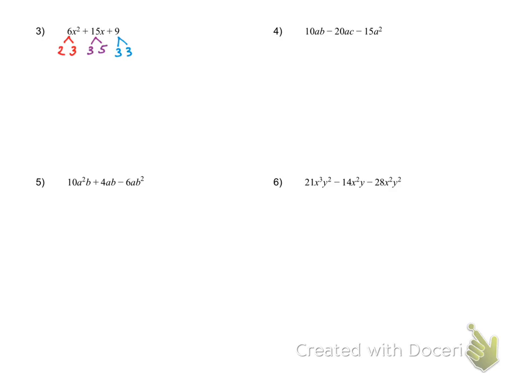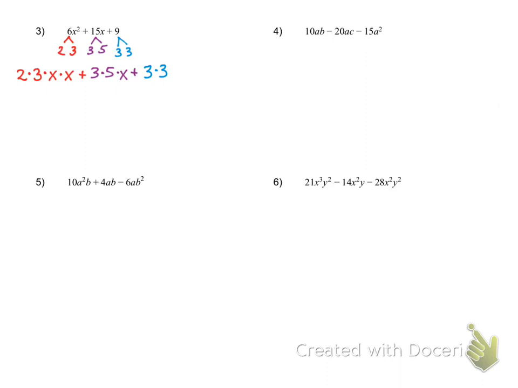So if we write out our expression with all of our factored out terms, we have 2 times 3 times x plus we have 3 times 5 times x plus 3 times 3.